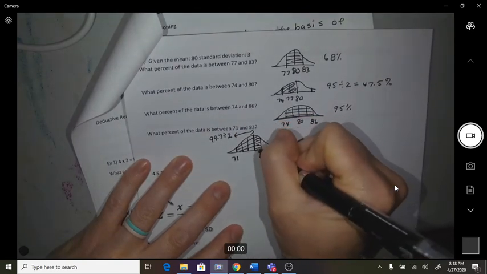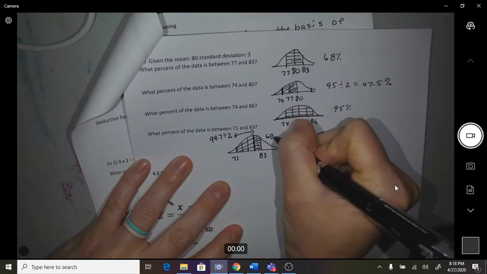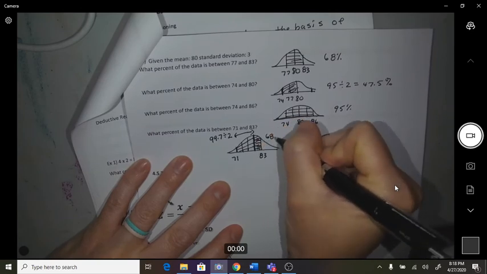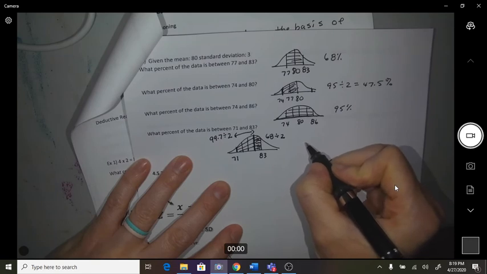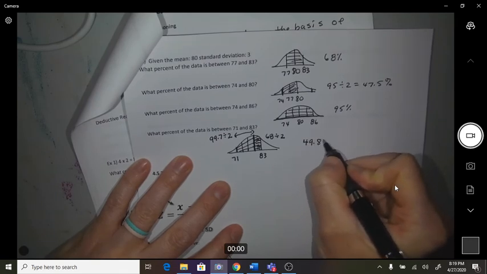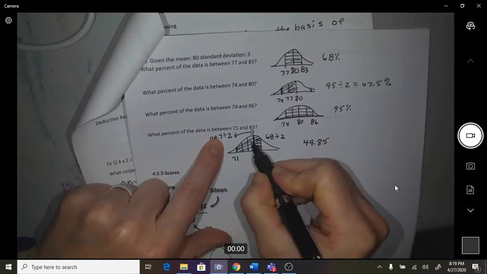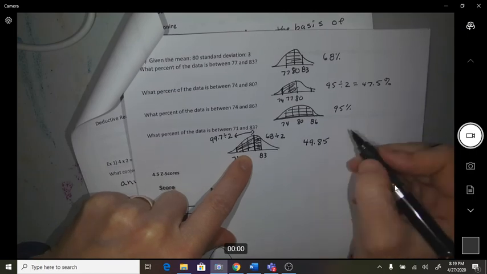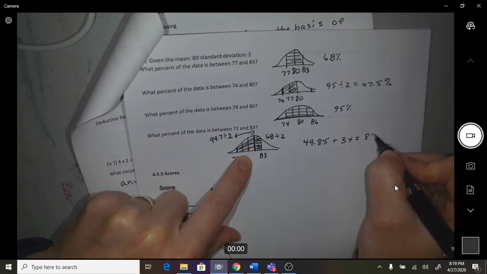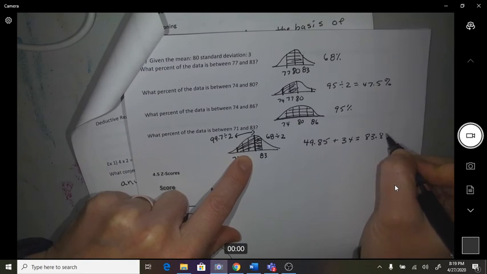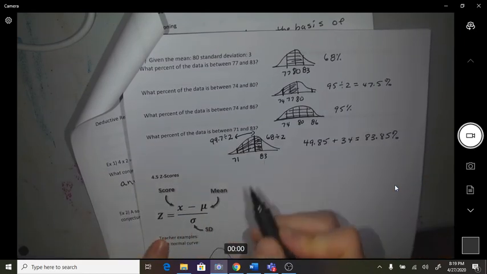And this one standard deviation away is the 68%, but only half of that. So if I take those two numbers and add them together, 49.85 is half of that. So it is pretty close to half, 50%, and then plus 34%. So 83.85% of the data falls between.